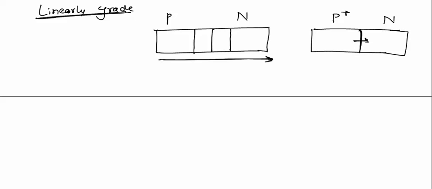There was a sharp change in doping, but in this diode there is a linear change in doping, hence called linearly graded diode.